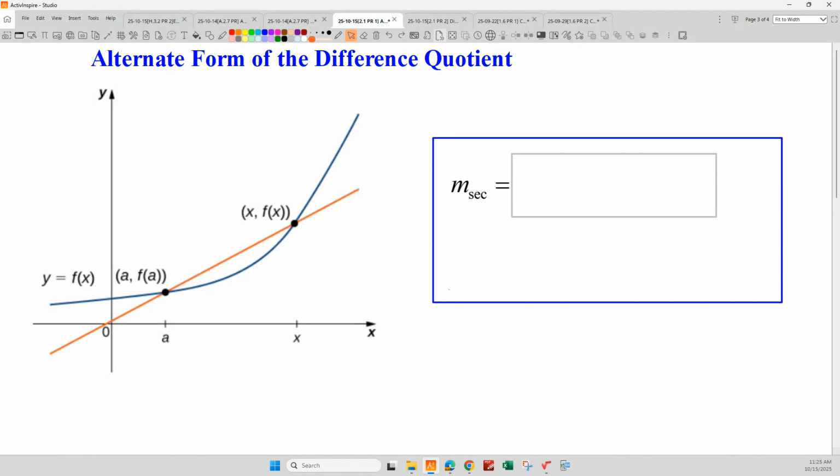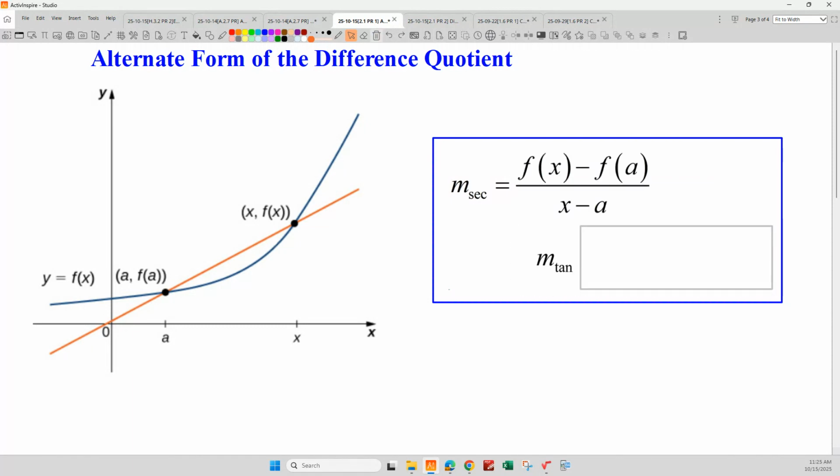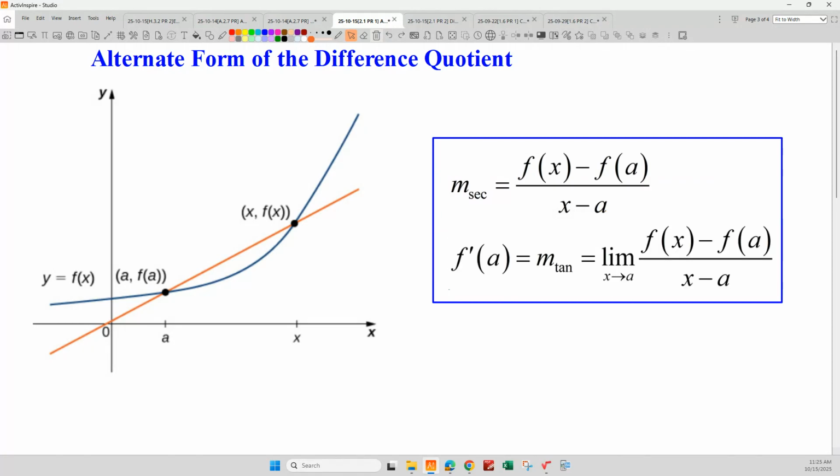So we could write the slope of a secant line as f of x minus f of a over x minus a, and the slope of the tangent line would become the limit of that as x approaches a. We can do algebra on that the very same way we did on all those examples of calculating derivatives using limits.